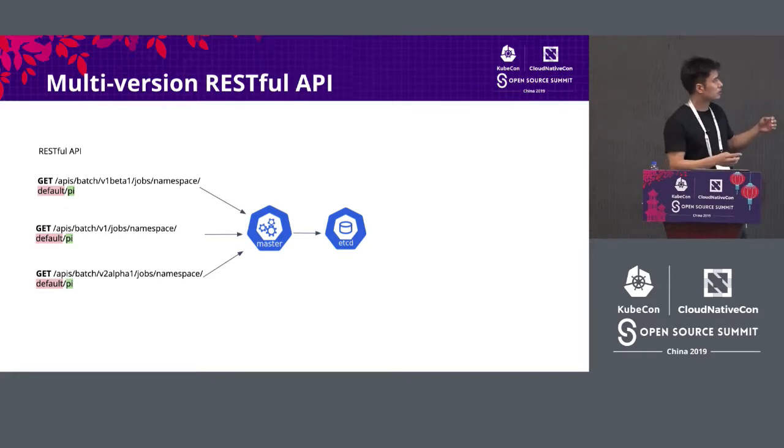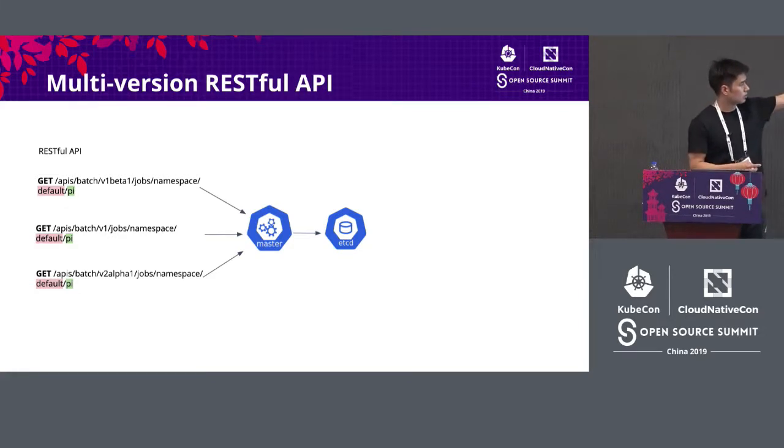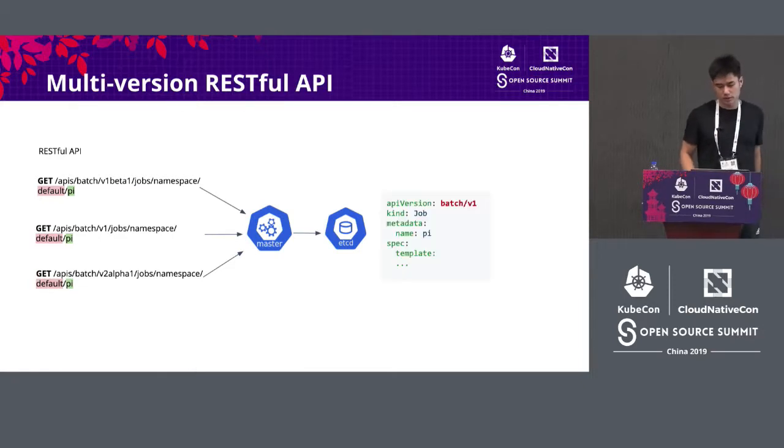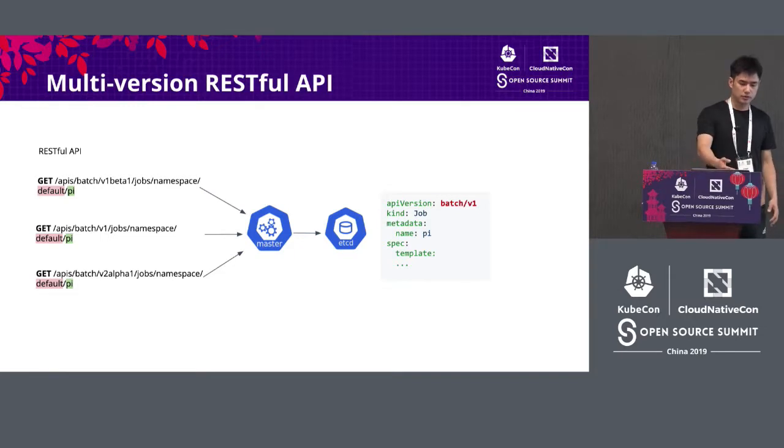If you visit all these three different URL paths, although they have different versions in the URL, because the namespace is default and the object name is pi, they're actually referring to the same object in the backend, which is the job in the namespace default with the name pi. So those versions are just different. You can think of them as aliases.